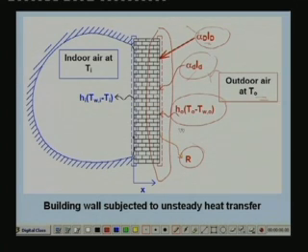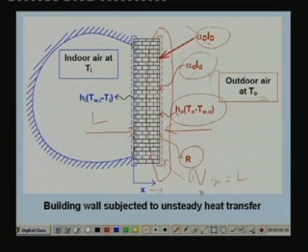Since we are assuming that heat transfer through the wall is by conduction, this should be equal to Q at x equal to L. Here x increases in this direction, and the thickness of the wall is L. When x is 0, that is the inner surface of the wall; x equal to L means the outer surface.